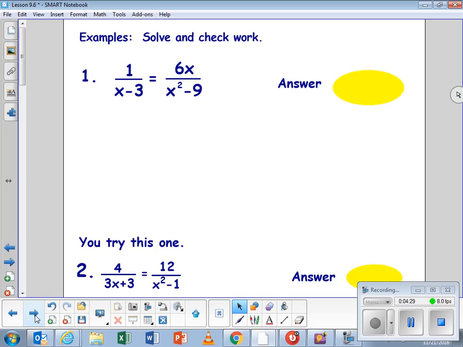So, in this first example here, it's kind of ugly with those multiple terms in the denominator, but what kind of equation is that? Fraction, okay. Rational, yeah. Good.